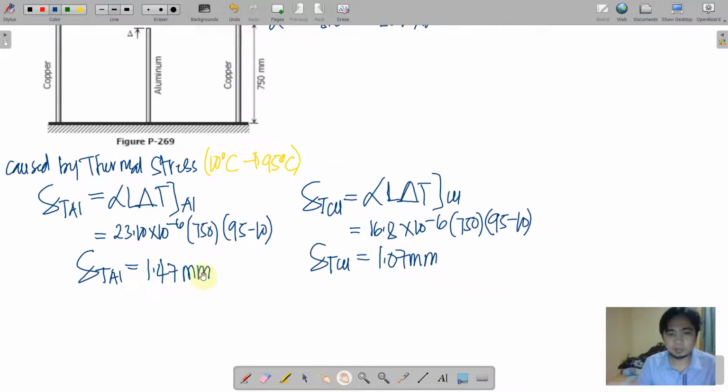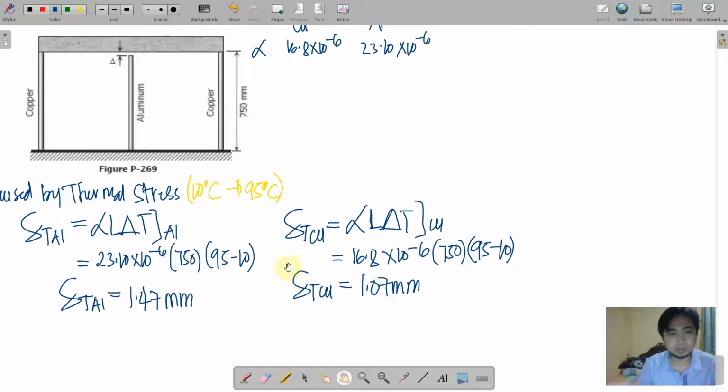Now that we have these values, we can proceed to illustrate the final position of the platform if both materials extend according to the thermal stress. Here I'm going to draw our final position.